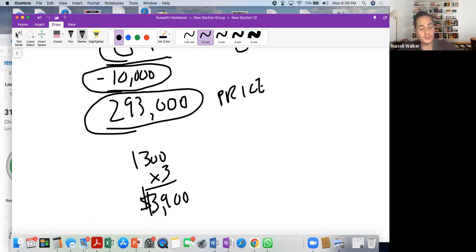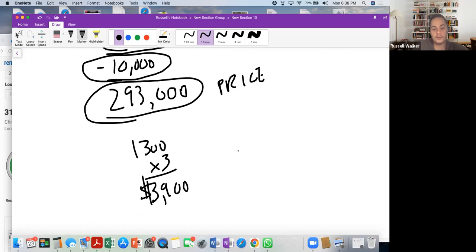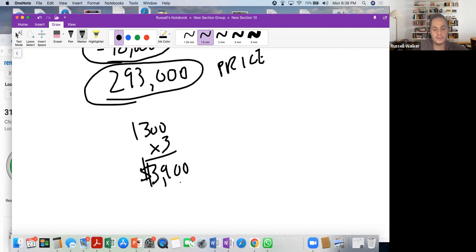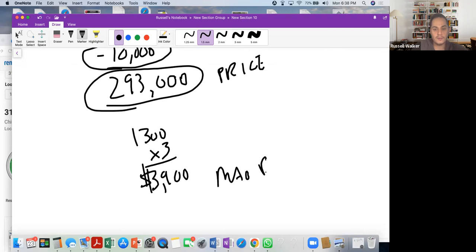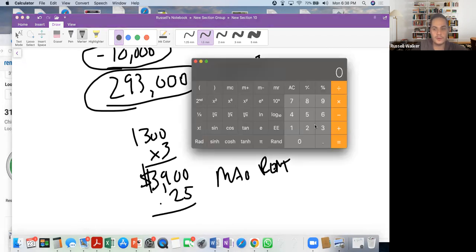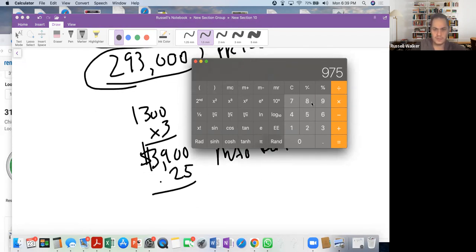So if this owner wants 3,000 a month, like I said, the formula for your maximum allowable offer on rent is you want to be at least 25% off the market rent, right? So 3,900 times 0.25 is 975.